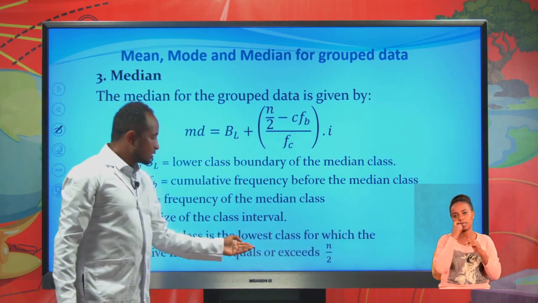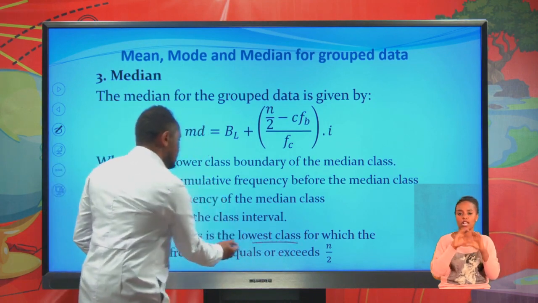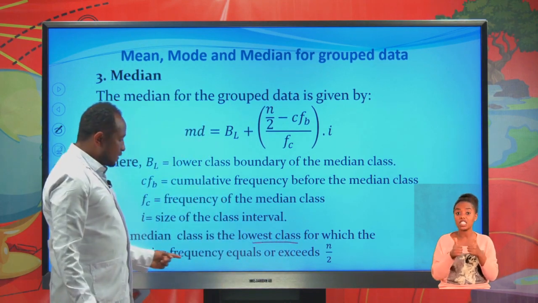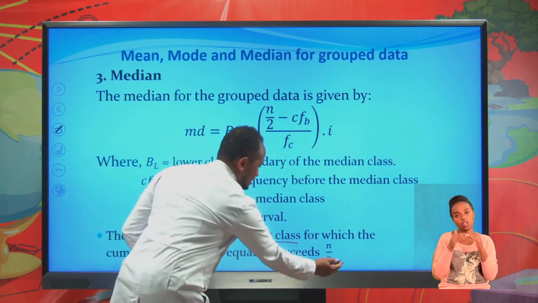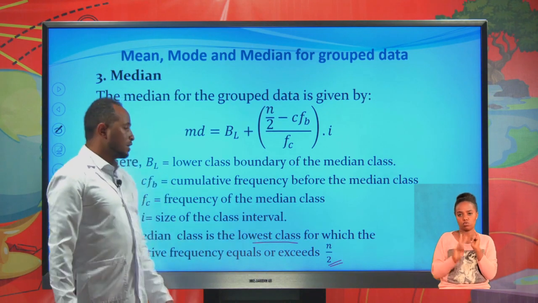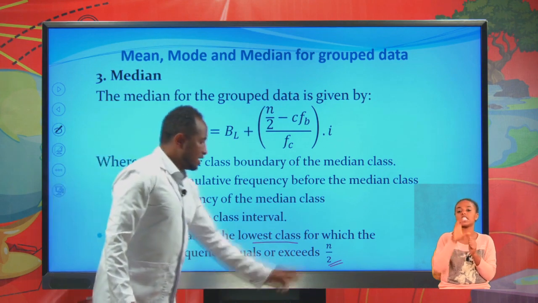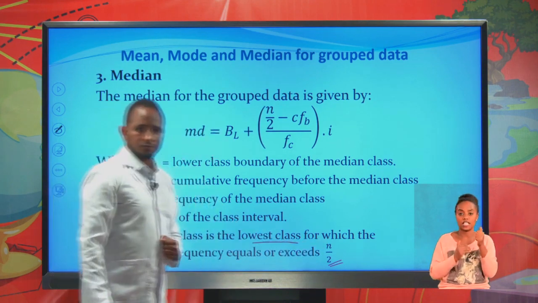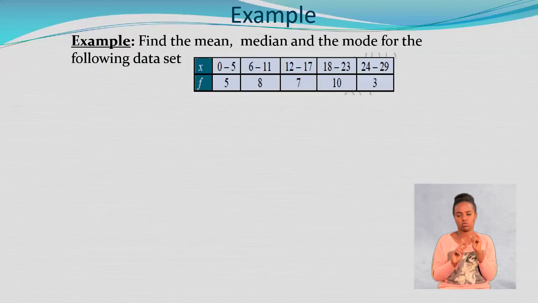And the median class is the lowest class for which the cumulative frequency equals or exceeds n over 2. The lowest class with cumulative frequency exceeding or equal to n over 2 is the median class.